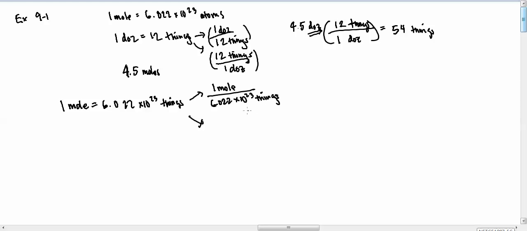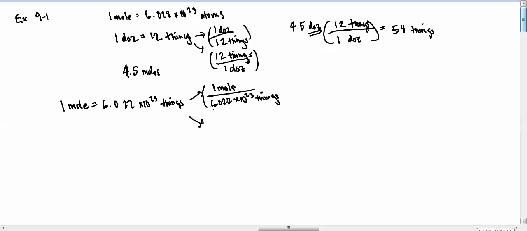And things doesn't need to be the word things. It can actually be atoms or molecules or marshmallows or whatever you want to call it, just like dozenness doesn't always need to talk about eggs. It could be talking about donuts, which actually for me is something I'd probably prefer.